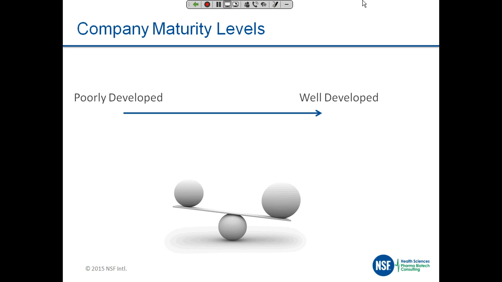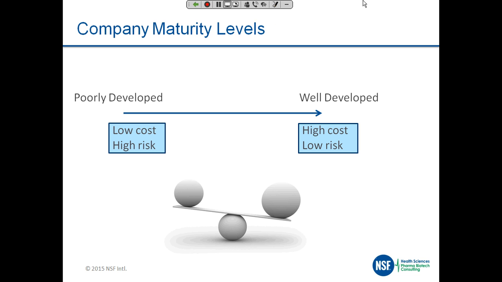So where do we see companies in the grand scheme of things, in terms of their maturity around human error? And what we find is that there's some that are pretty much at a high risk level, and they're not investing. And we have other companies that are investing quite a lot, and the risks are quite a bit less. However, the costs to getting there are quite steep.